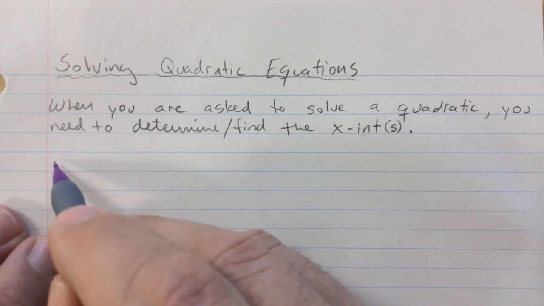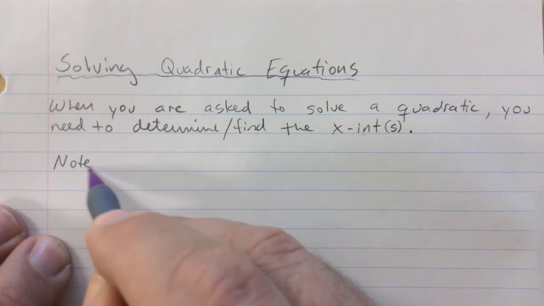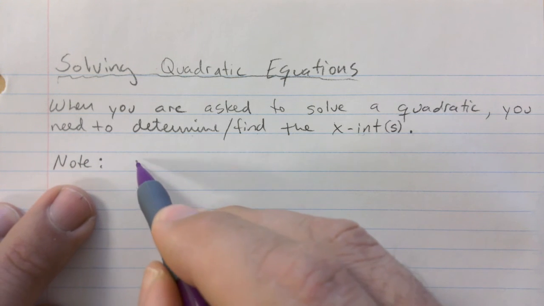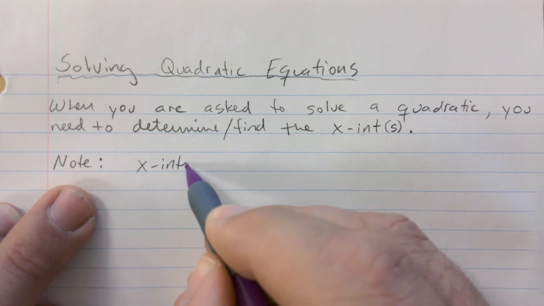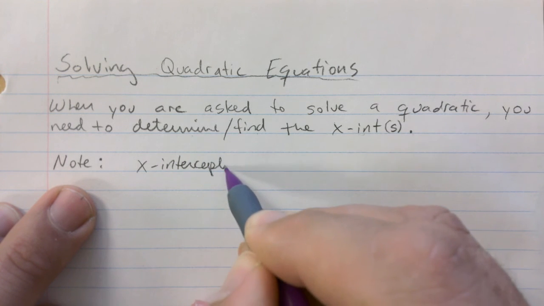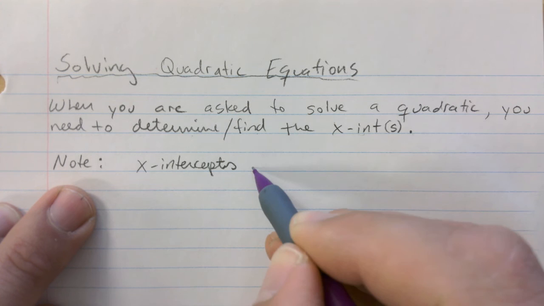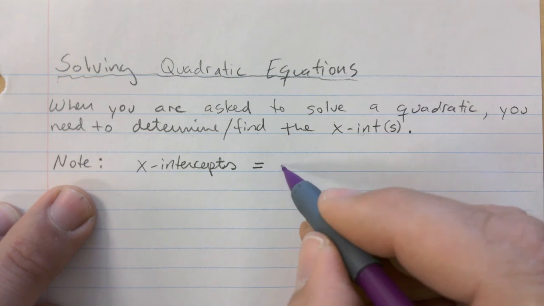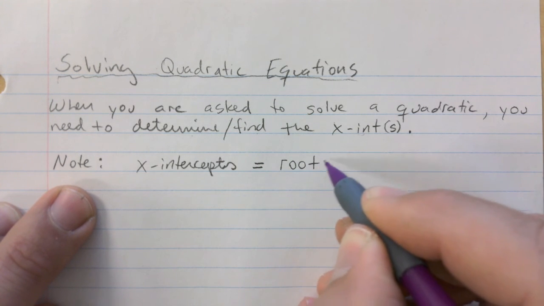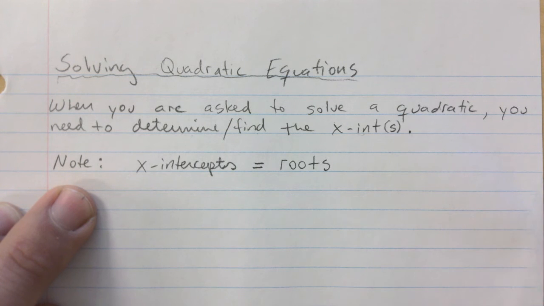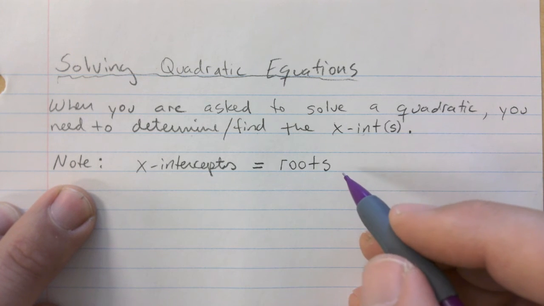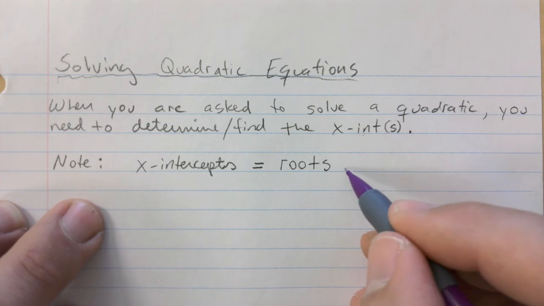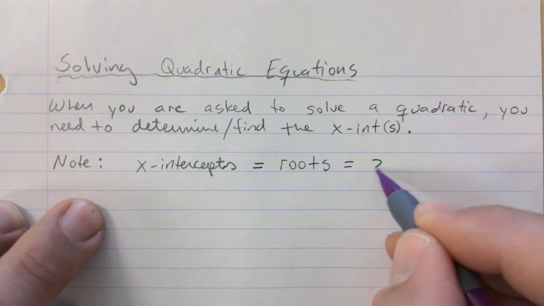So note, x-intercepts would be the same thing as roots. Sometimes they say find the roots. It is the same thing as zeros.